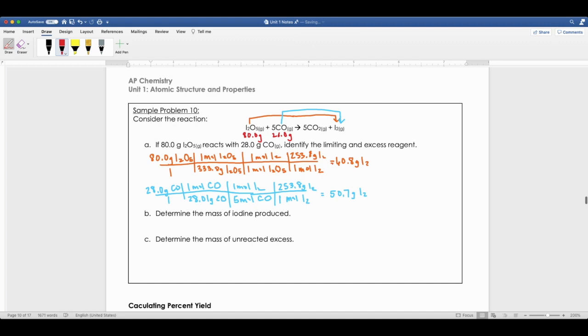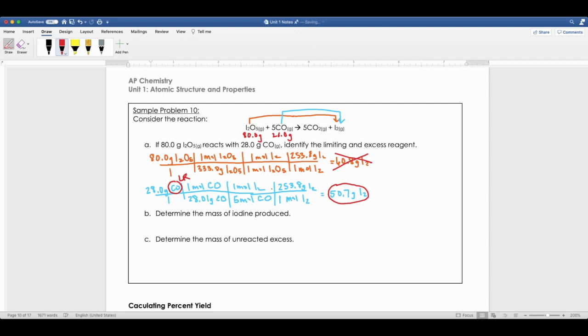So once we do each of those mass problems, just doing some simple stoichiometry, we see that we do in fact produce two different amounts of iodine, and we are going to, of course, go with the amount that produces less. So in that case, I would produce 50.7. This one you can now throw out because it produces much more than your other reactant. And it looks like carbon monoxide is going to be your limiting reagent right here because it produces less iodine.